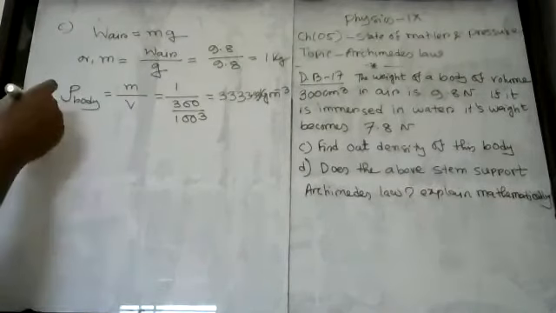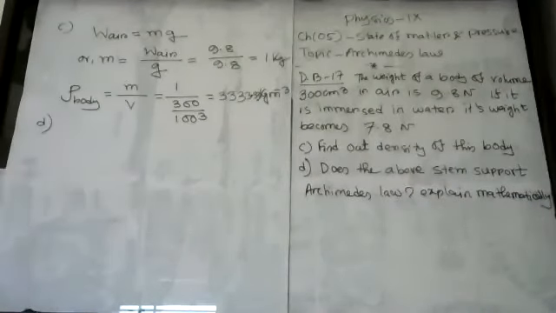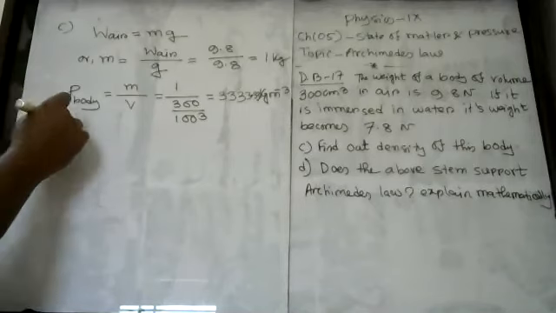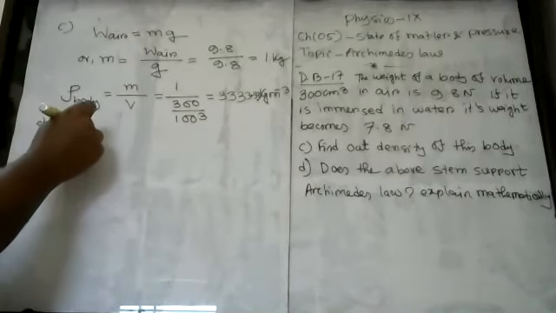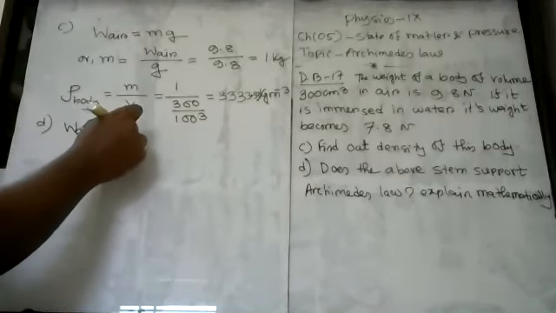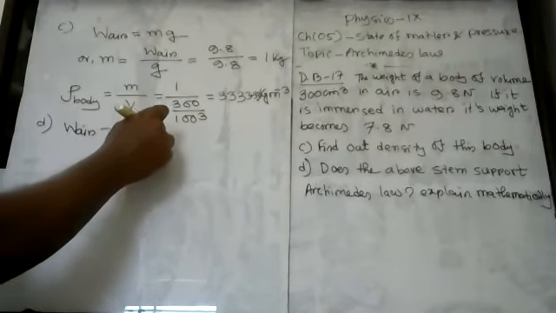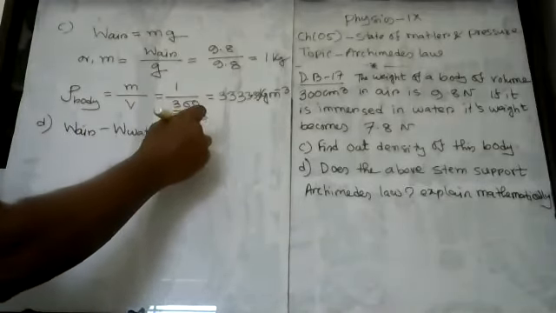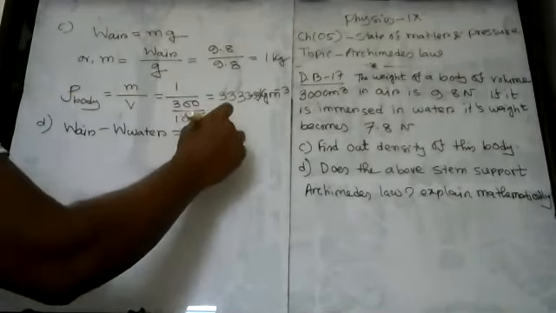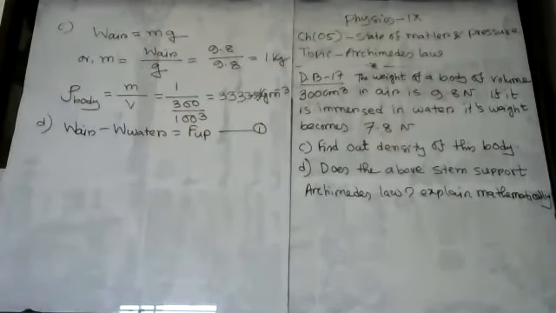Now, my dear students, question number D. You are going to justify whether this given information supports Archimedes' law or not. Just like the previous one, weight in air minus weight in water will equal the upward thrust. Suppose this is equation number 1.